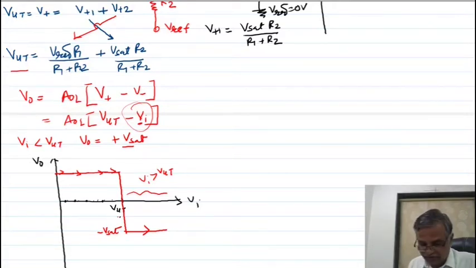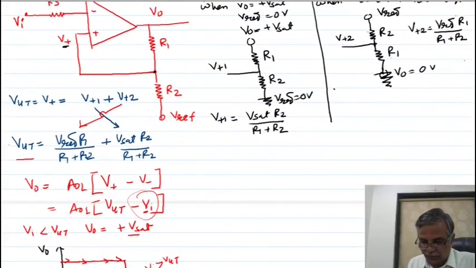For your understanding, I am showing you. Suppose VUT is 2 volt. Let me say 3 volt. When Vi is up to 3 volt, the inverting voltage is less than this.